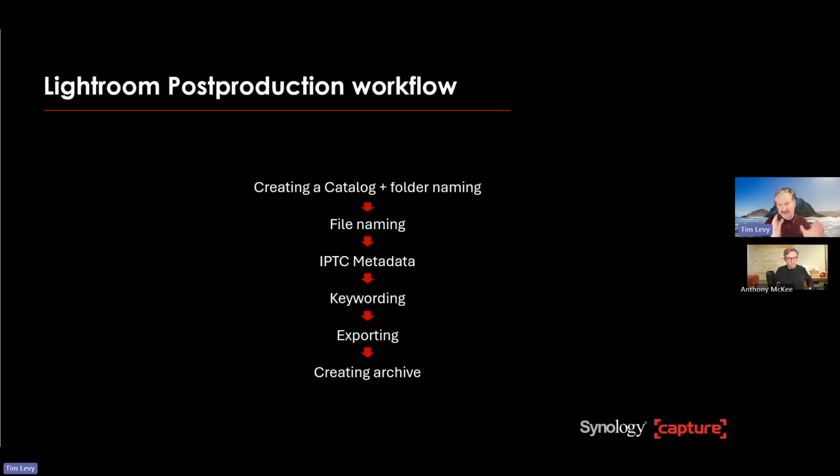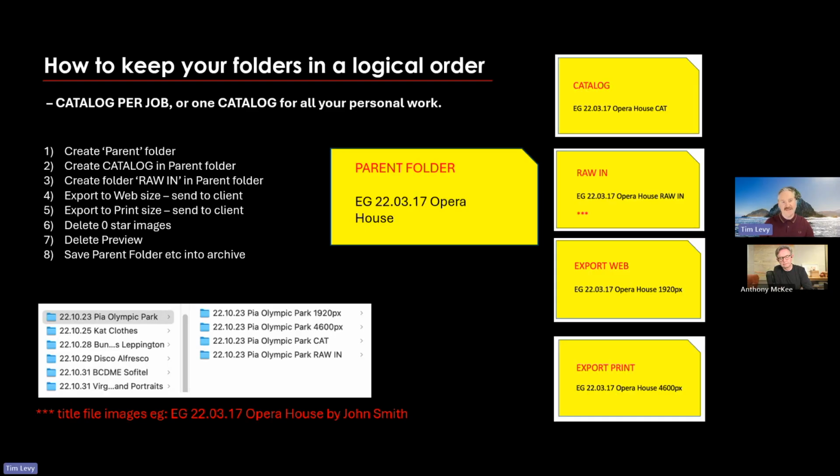And then once you finish that job, you get the finished job and put it on your archive. So now this is a folder structure that works well with Lightroom.